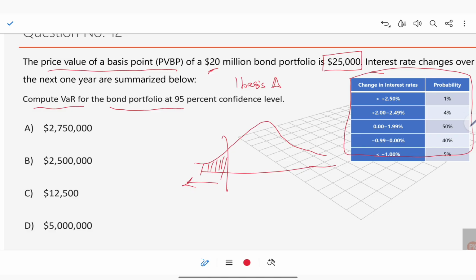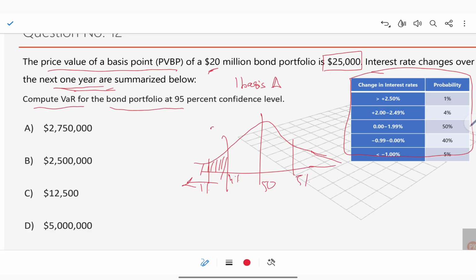For the next 1 year, they are long. Long means that if there is an increase in the rate, there will be a negative effect: the bond value will fall. So if we see this, this is 50%, here suppose 4%, this is 1%, and this is 5%.